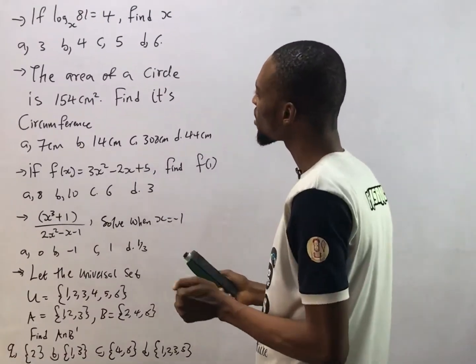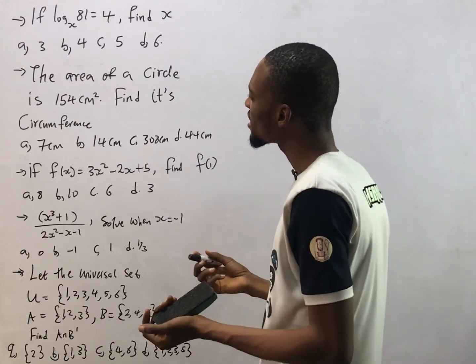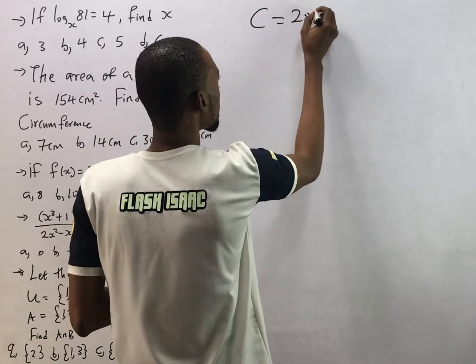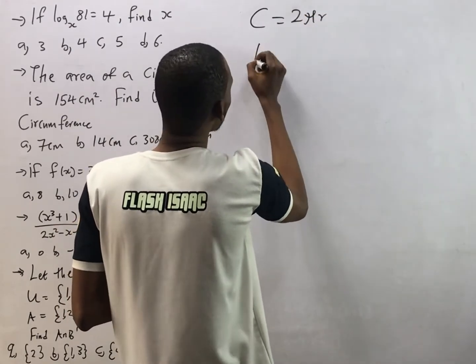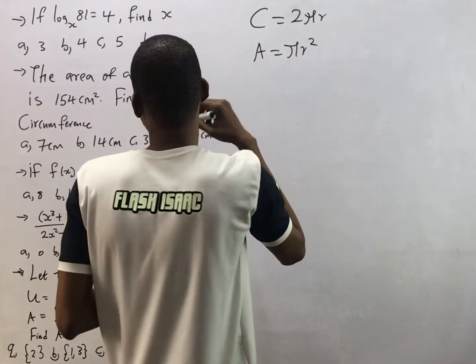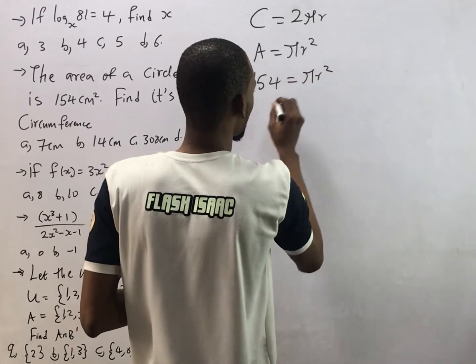The area of a circle is 154 cm square. Find its circumference. Circumference is simply 2 pi r. Area of a circle is pi r square. So area equals 154 equals pi r square.